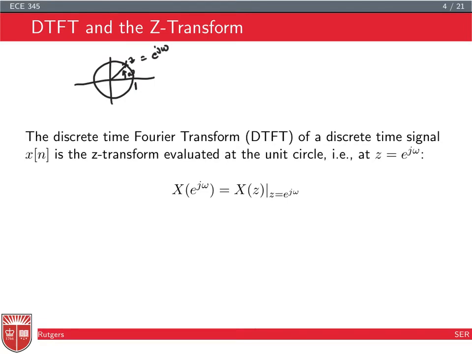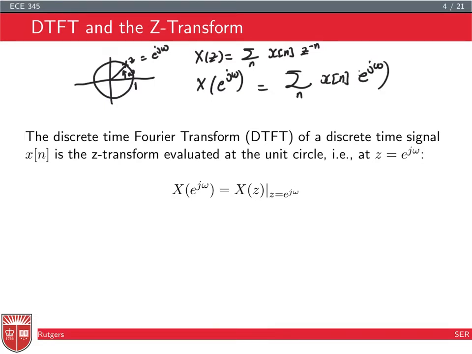If you take the Z transform of the signal, X(z) is equal to the sum over n of x[n] z^{-n}. Now, if you take z equal to e^{jω}, X(e^{jω}) is going to be equal to the sum over n of x[n] (e^{jω})^{-n}, which is the sum over n of x[n] e^{-jωn}.